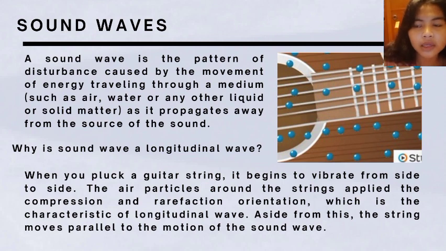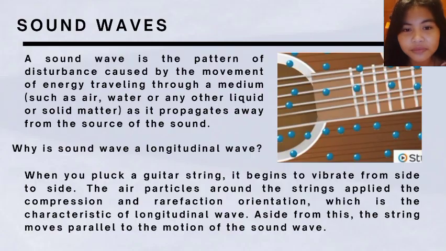As you pluck the guitar and then release it, there are parts in which the particles are not compressed enough, and that is the rarefaction. So that basically concludes that a sound wave is a longitudinal wave.